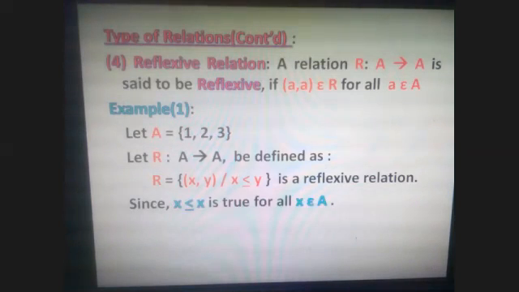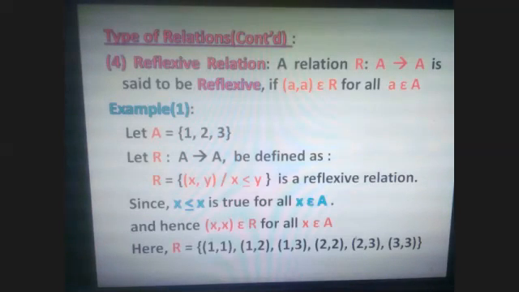Because (x, x) is a member of the relation. x is less than or equal to x is true for all x in A. So (x, x) is a member of R for all x in A. Here we can list the elements of R: (1,1), (1,2), (1,3), (2,2), (2,3), (3,3). Of course, (x, x) is there because (1,1) is there, (2,2) is there, (3,3) is there. There may be more elements also, but we need a minimum of (1,1), (2,2) and (3,3). So this is a reflexive relation.